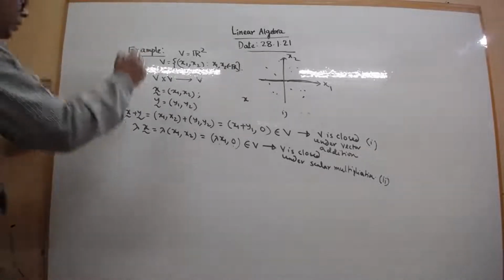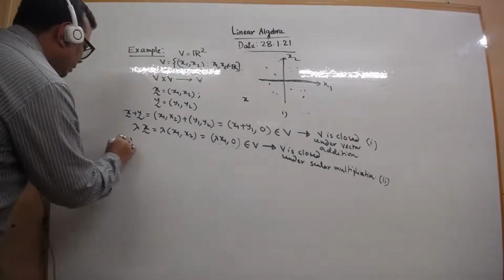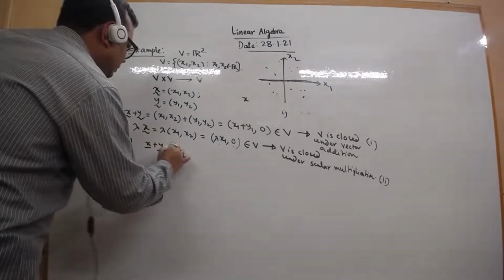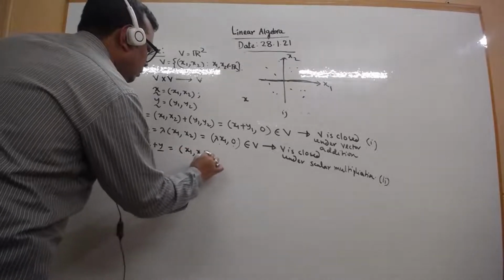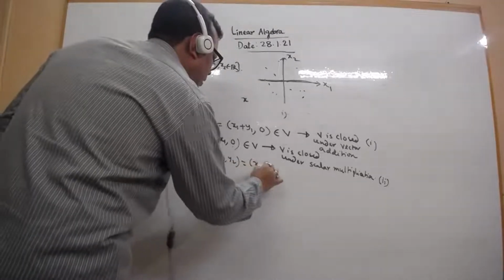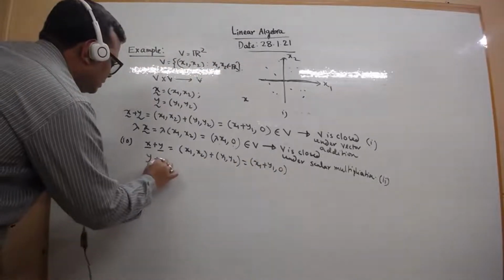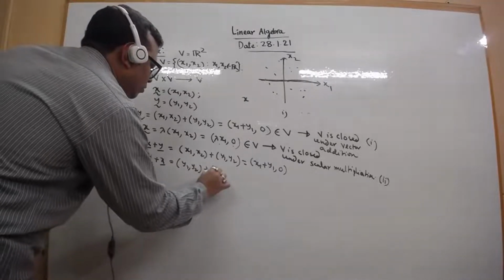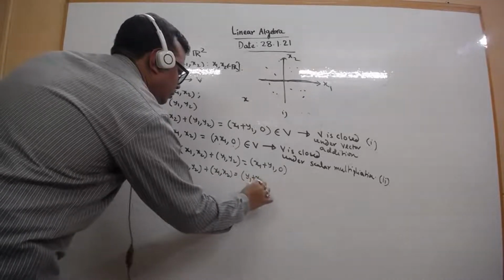Next, the commutative property. x curl plus y curl is (x1, x2) plus (y1, y2), so (x1 plus y1, 0), and y curl plus x curl is (y1 plus x1, 0).